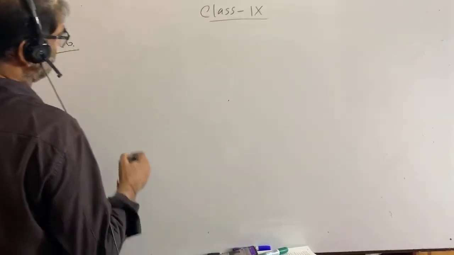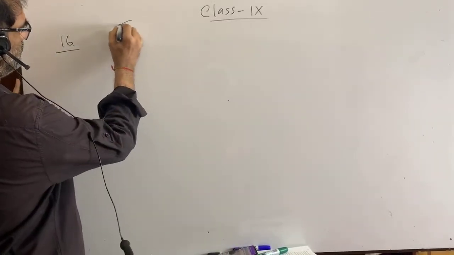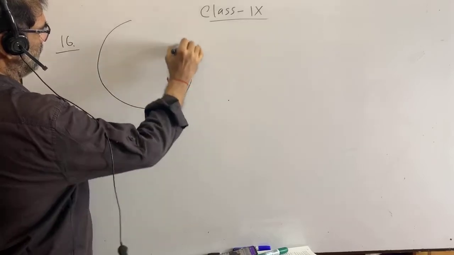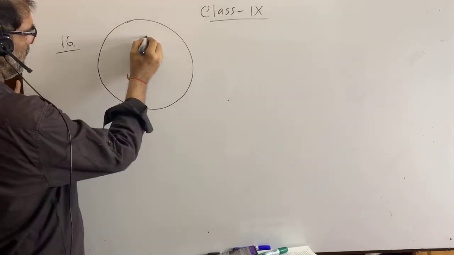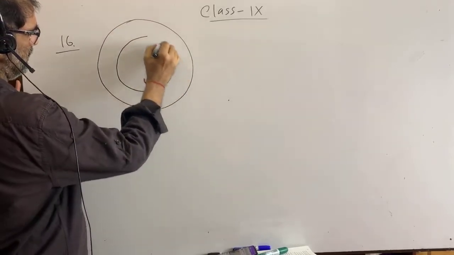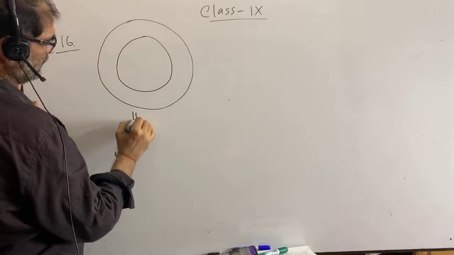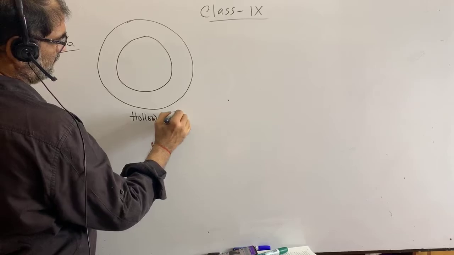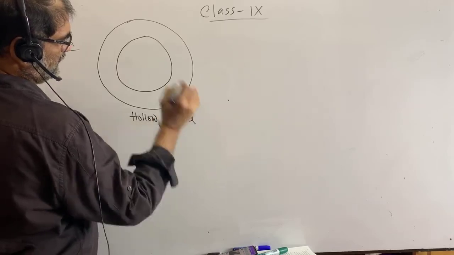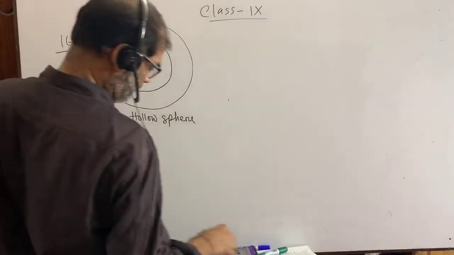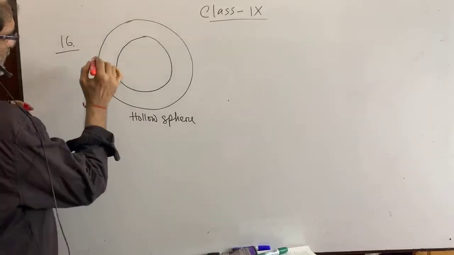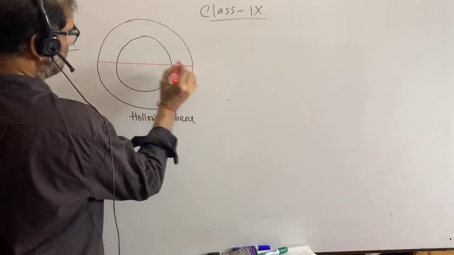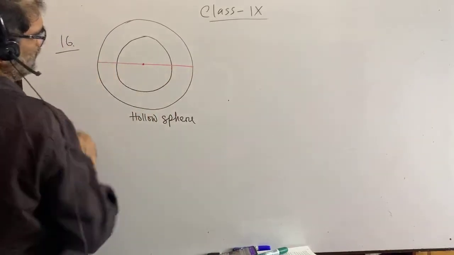What is meant by that? Suppose it is a hollow sphere, right? It is a hollow sphere. Okay, now it is the outer diameter, it is the center.